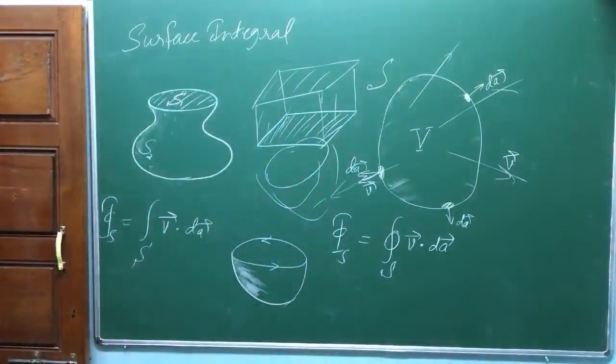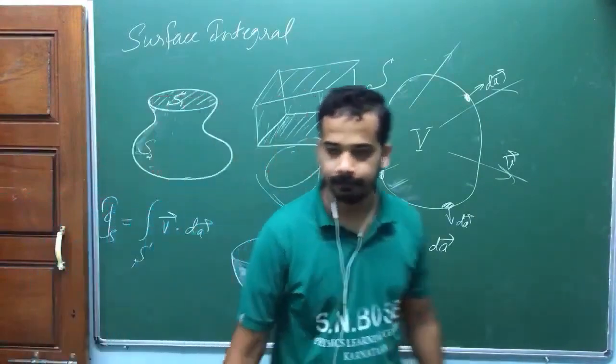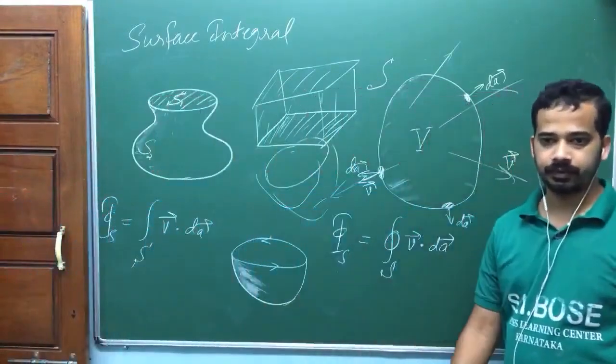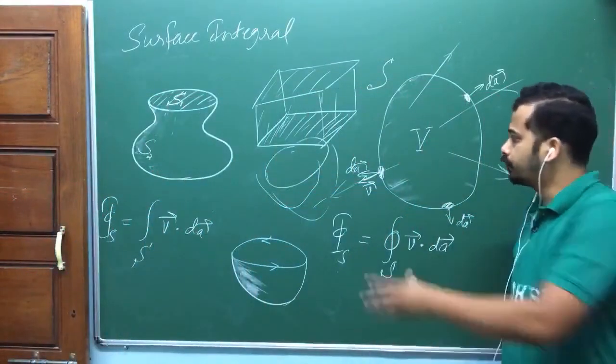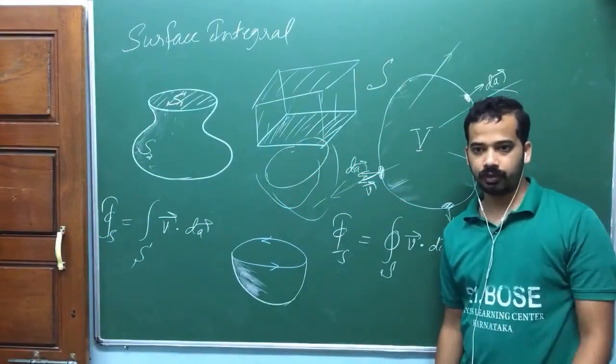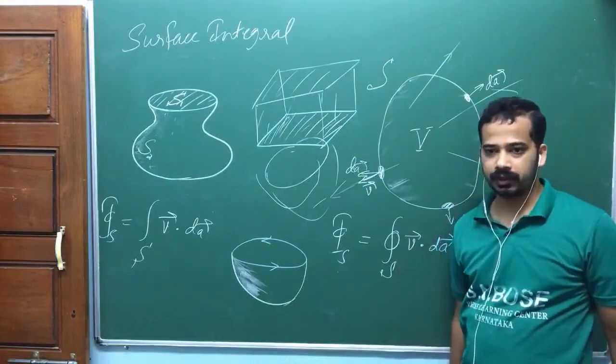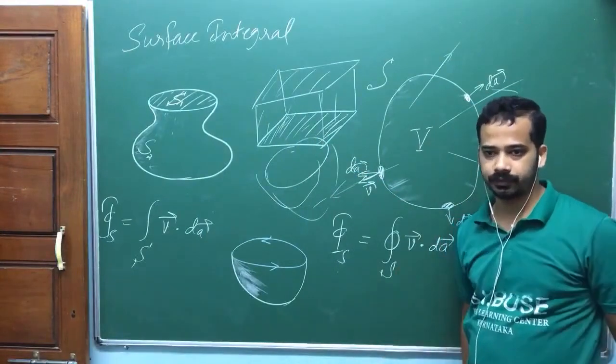If you squeeze the surface, if you squeeze that boundary line, it will become a closed surface, just like a balloon. You told about a balloon, am I right? After you blow it, you squeeze it and tie it, am I right? That will become a closed surface.